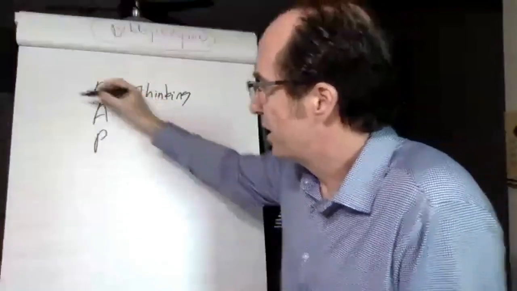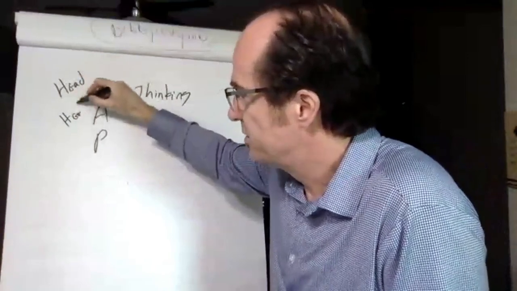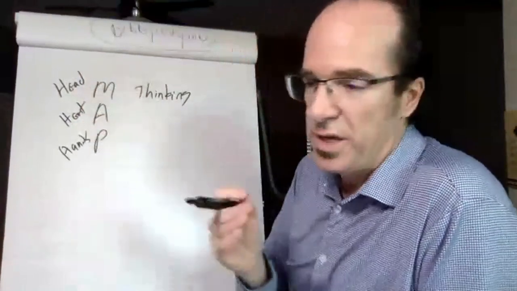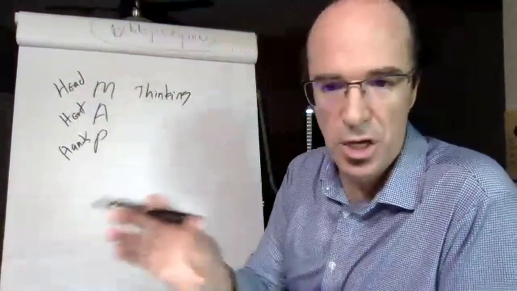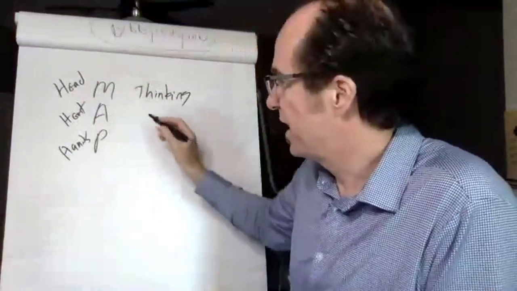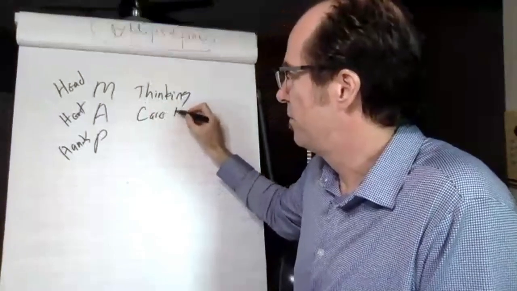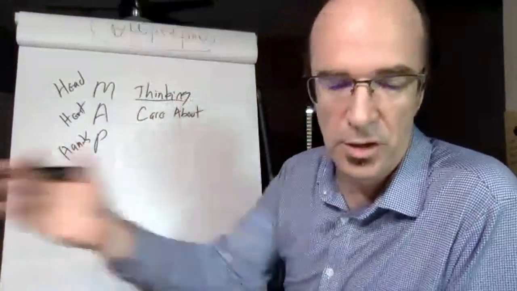But again, thinking's not enough. And again, this is abstraction. We'll say head, heart, hands for these. The A stands for attitudinal alignment or attitudinal adjustment. I forget which word I actually use, but that's the idea. We want to change what people care about. You can get people to change their thinking, and they'll say, oh, that's a good idea.